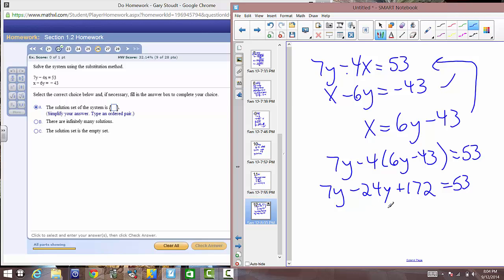So we'll combine like terms here into minus 17y. And we'll subtract 172 from both sides, and we get negative 119. You can check those on your calculator. So y is 119 over 17, which, as you can check on your calculator, is actually equal to 7.